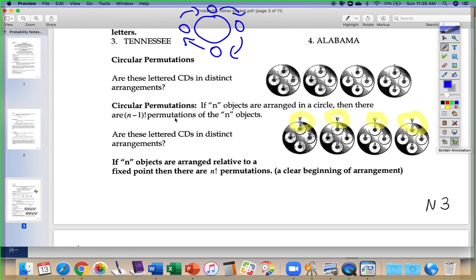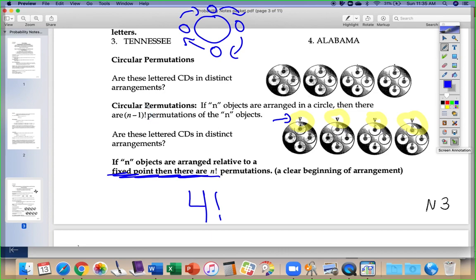Nothing changes if n objects are arranged relative to a fixed point. That's basically saying if there's something in the room, like a door, or a person at the head of the table, then nothing changes. 4 things, 4 orders, 4 factorial.